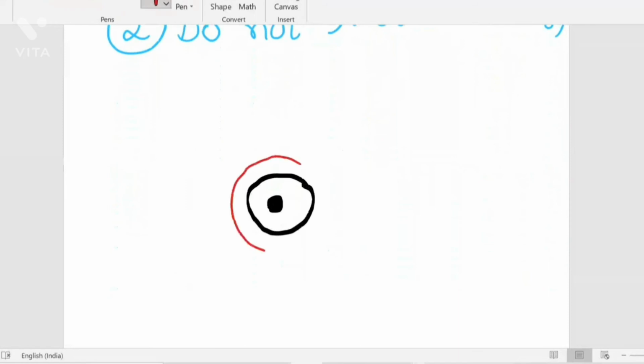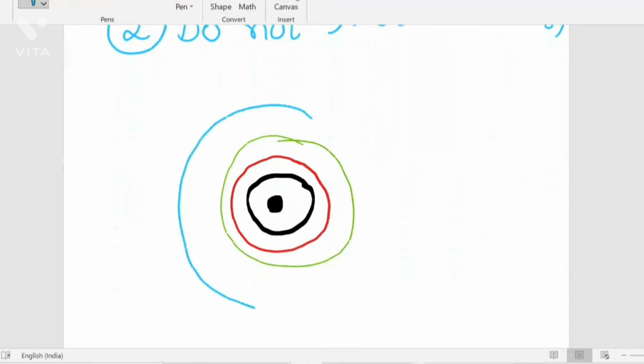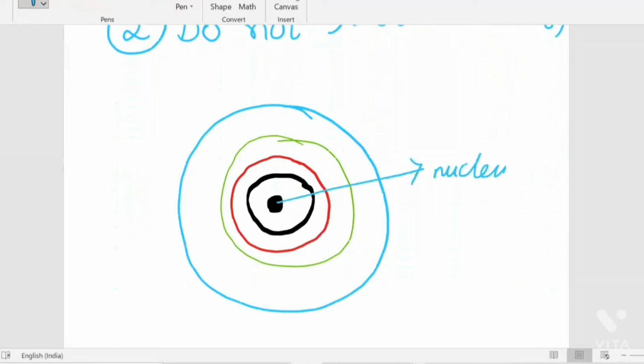I'm using different colors for different shells. When you are drawing, you can use a compass to get the correct radius. This part represents the nucleus.